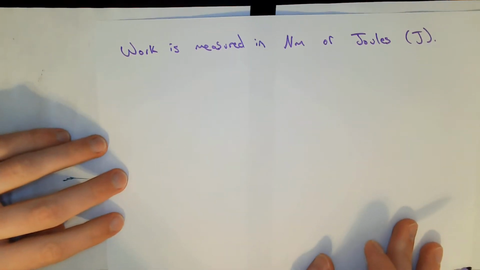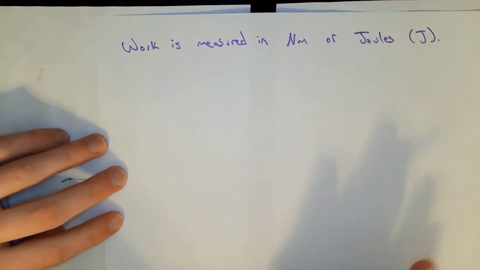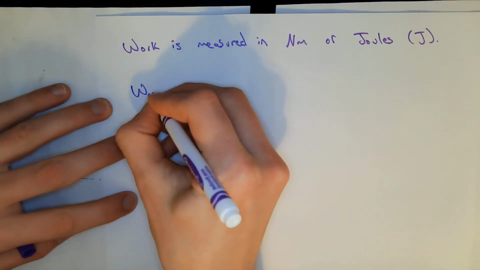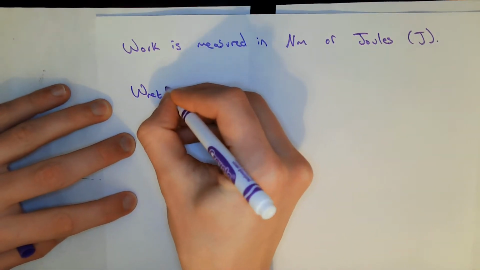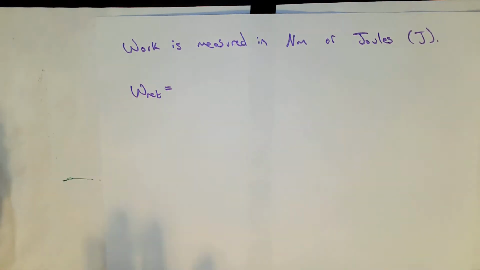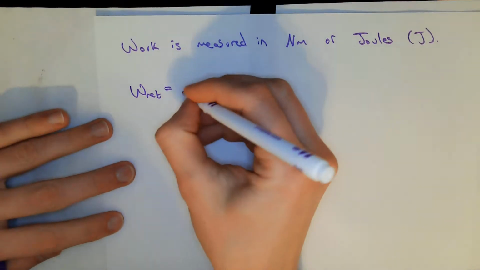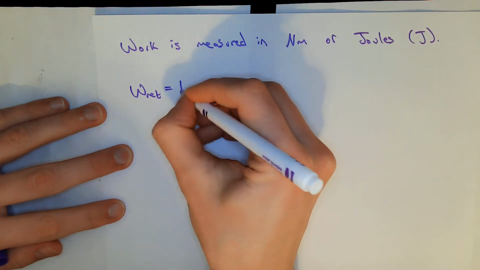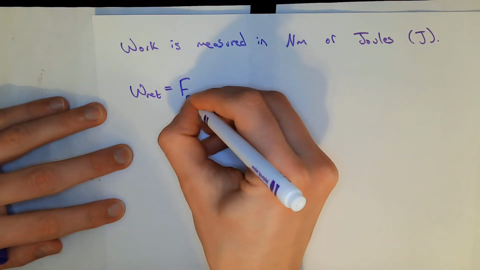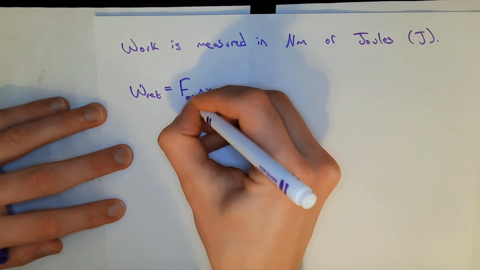All right, so let me talk a little bit about this net work idea. The net work for an object should be equal to whatever the net force is times displacement.